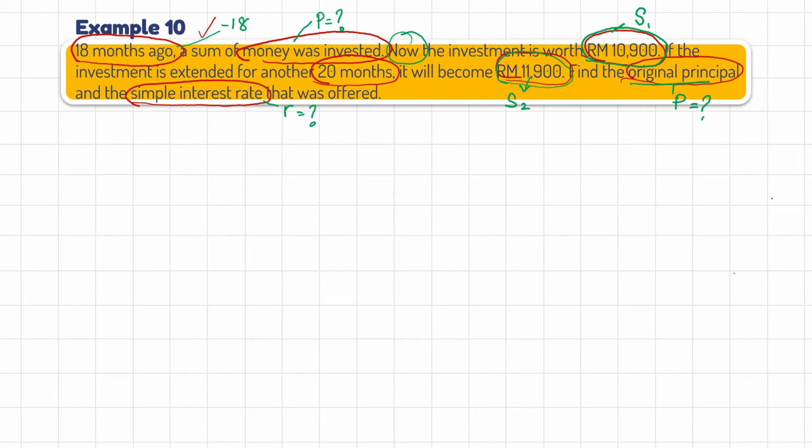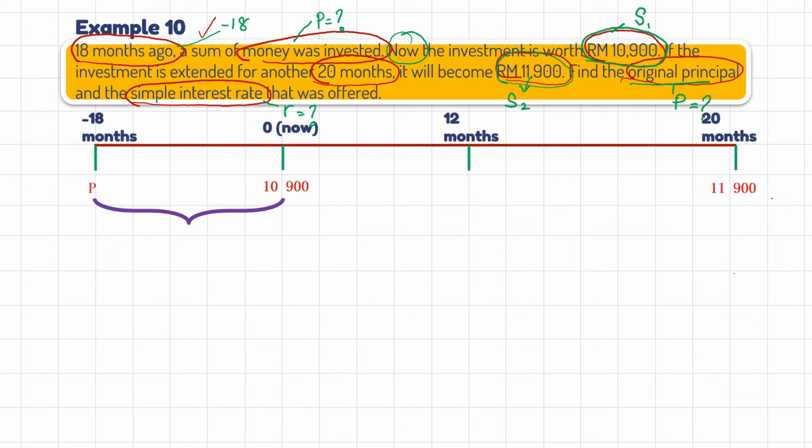To help you understand better, let's portray the information on the timeline. So it will become like this. If you can see here, we have negative 18 months, which portrays 18 months ago. And then we have 0, which is now. We have 12 months to portray that this is simple interest.